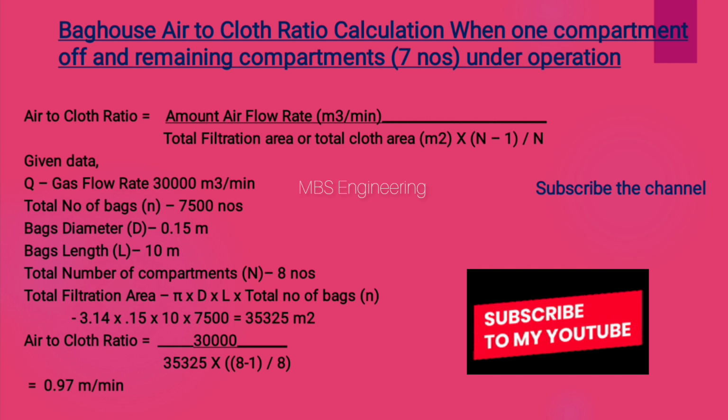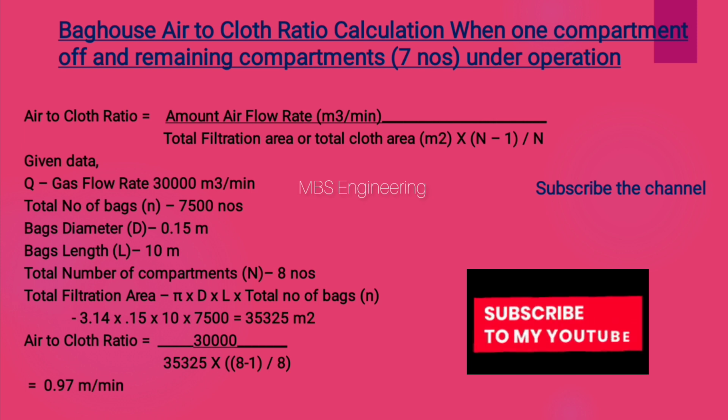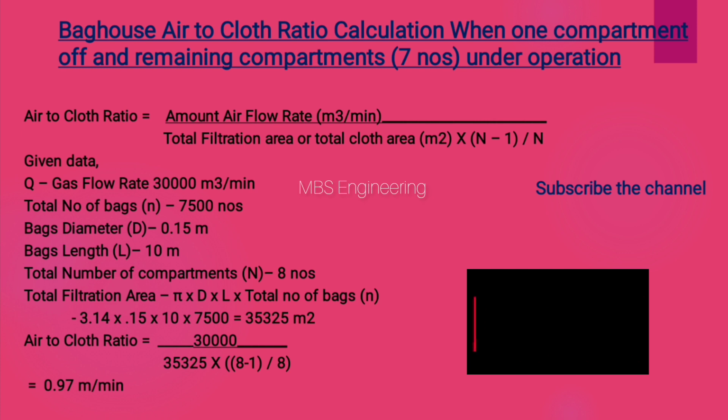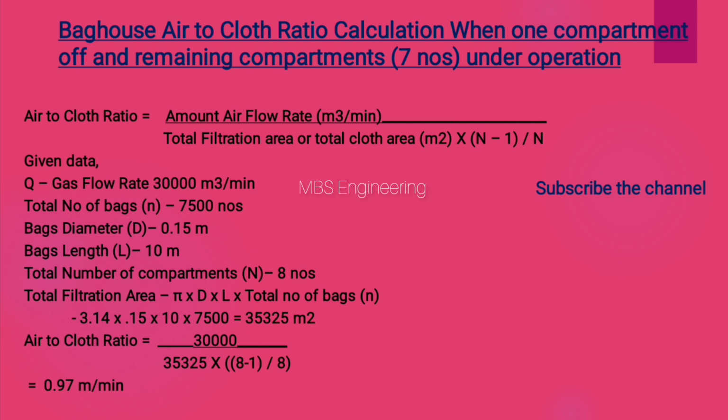Given data: Q, gas flow rate, 30,000 cubic meters per minute. Total number of bags, N, 7,500. Bag diameter, D, 0.15 meter. Bag length, L, 10 meter. Total number of compartments, N, 8. Total filtration area equals pi multiplied by D multiplied by L multiplied by the total number of bags.